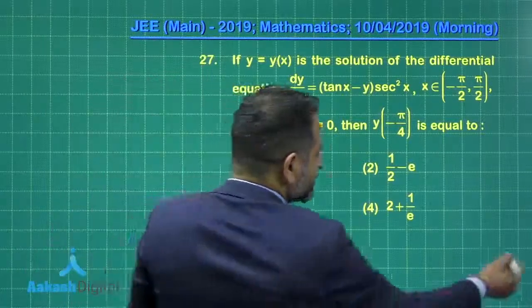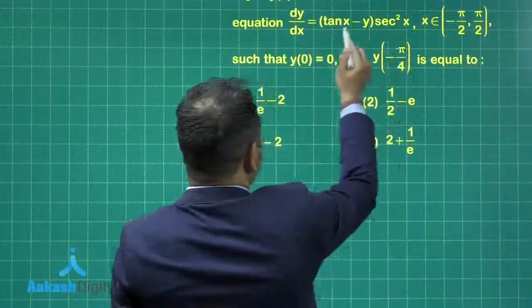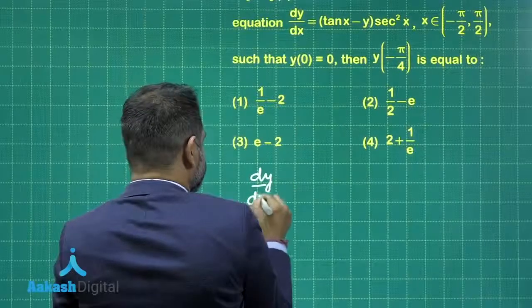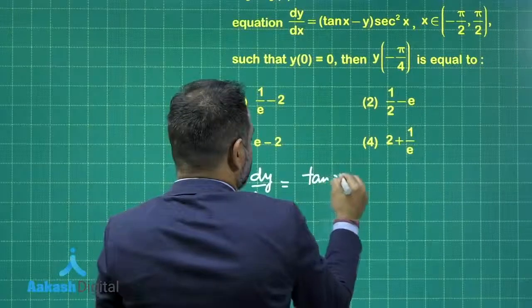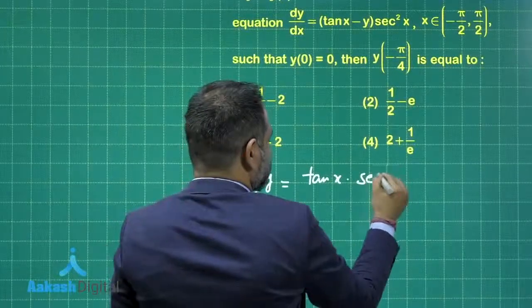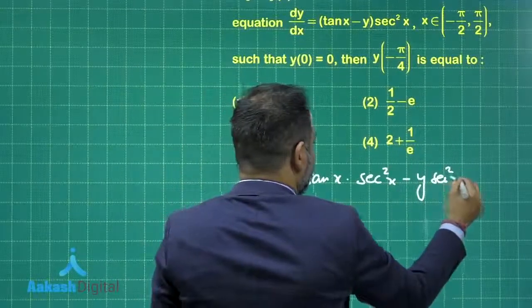So, let us first solve the equation here. If you make the product, we have dy/dx. Now, you have to simplify it first. This into sec²x minus y sec²x.